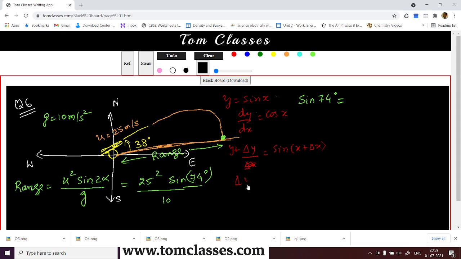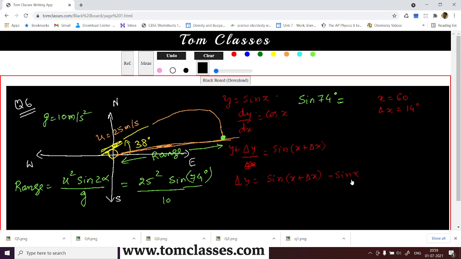So delta y will become sine of x plus delta x, and then you take y this side, minus sine of x. And x value you can take as 60 degree, and delta x as 14 degree.